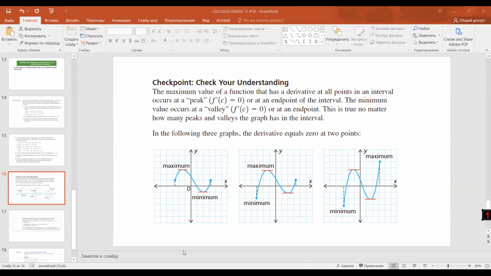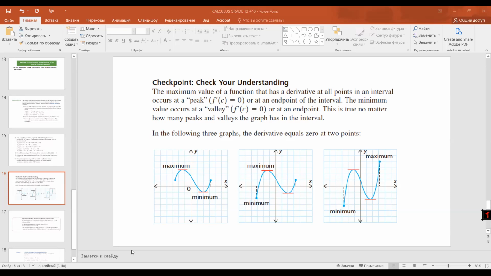The maximum point of a function that has a derivative at all points in an interval occurs at a peak, f prime of c equals 0, or at an endpoint of the interval.